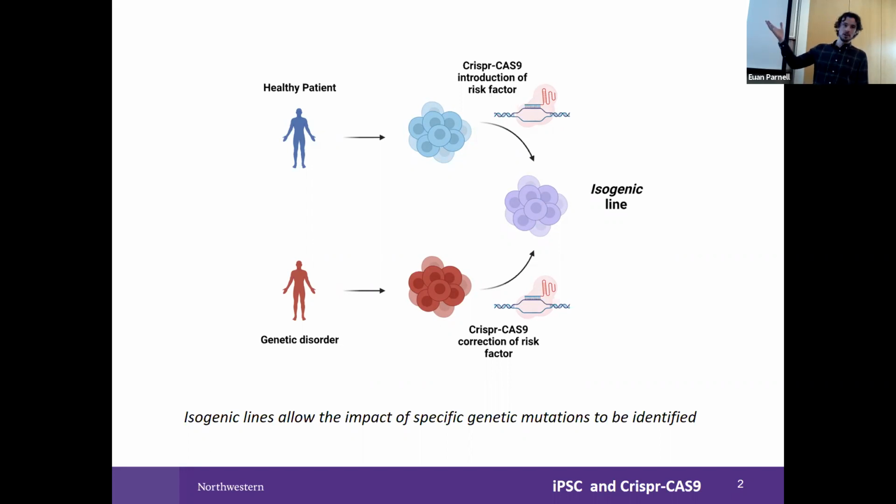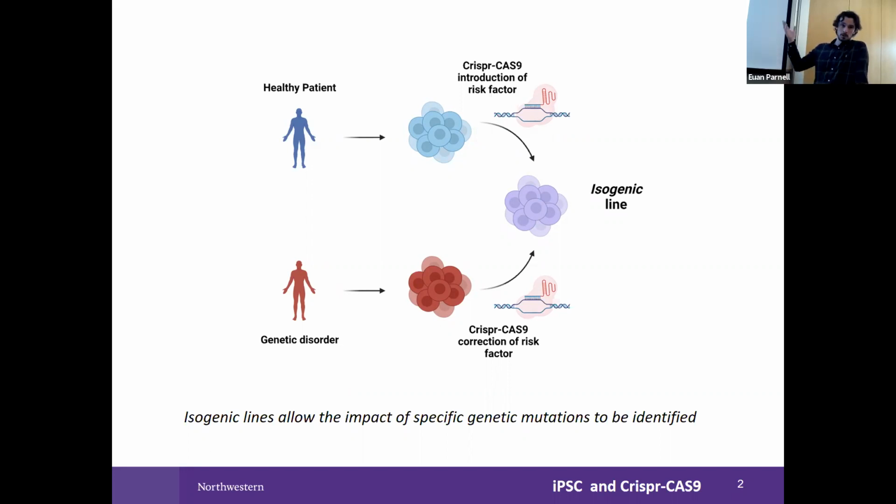We can take someone with a genetic disorder with a known mutation that we're interested in, and we can correct that using CRISPR-Cas9 to see if that is necessary for the outcomes, the neurodevelopmental defects that we see in our iPSC. And conversely, we can introduce a risk factor into a healthy patient to see if that is sufficient to bring about changes in how these neurons are developing from iPSC.